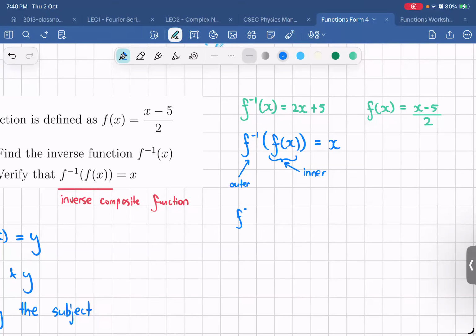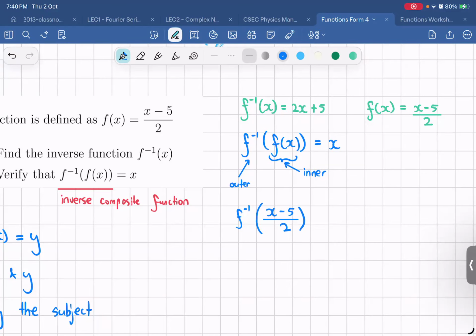So here, I'm going to write f inverse, but I want you to tell me what's supposed to go on the inside. What is f of x equal to? X minus 5 over 2.